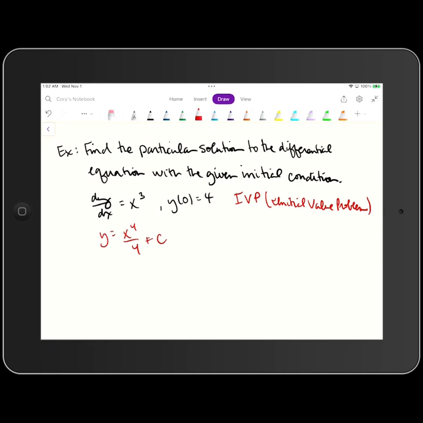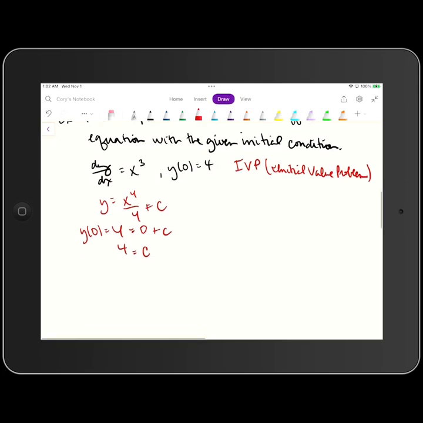So when we do that, we have y of 0, which is equal to 4. When we plug 0 in the place of x, we get essentially 0 plus c, which makes the value of c 4. And that makes the solution to this differential equation x to the 4th power over 4 plus 4.